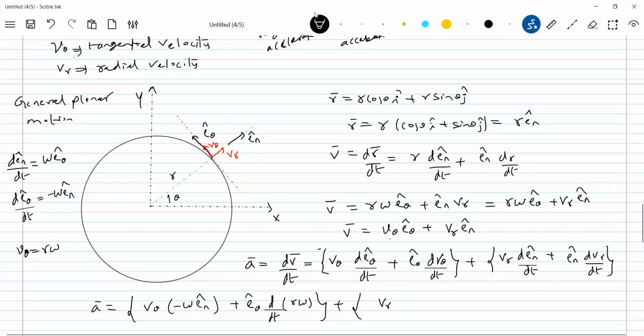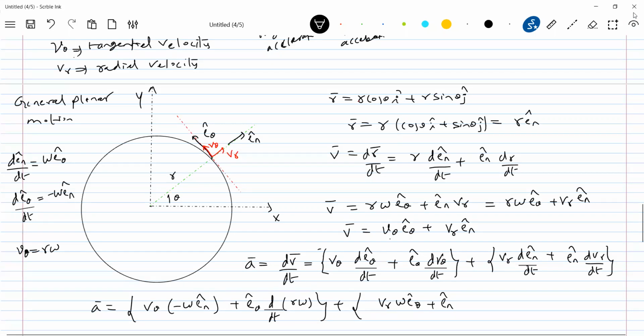Vr dEn cap by dt. Look at this from here: omega, omega E theta cap and dVr by dt.